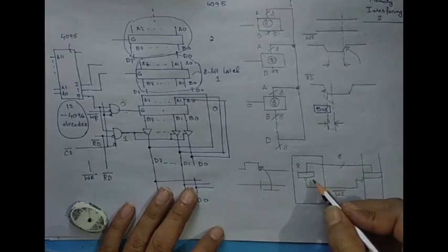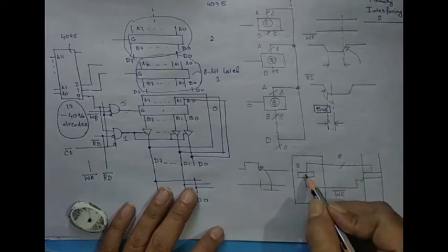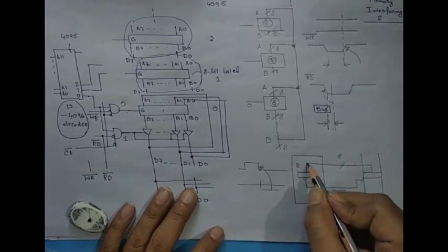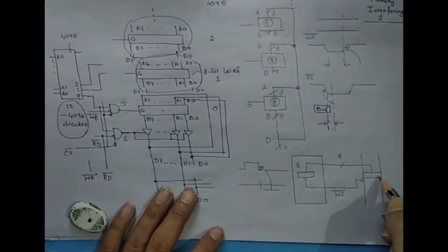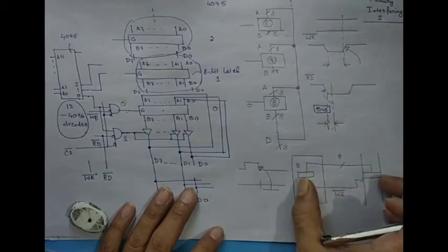During a write operation, the output lines of the register are connected with the data lines, and the other end of the data lines is connected with the input lines of the memory location. That means on both sides there is a register or latch.